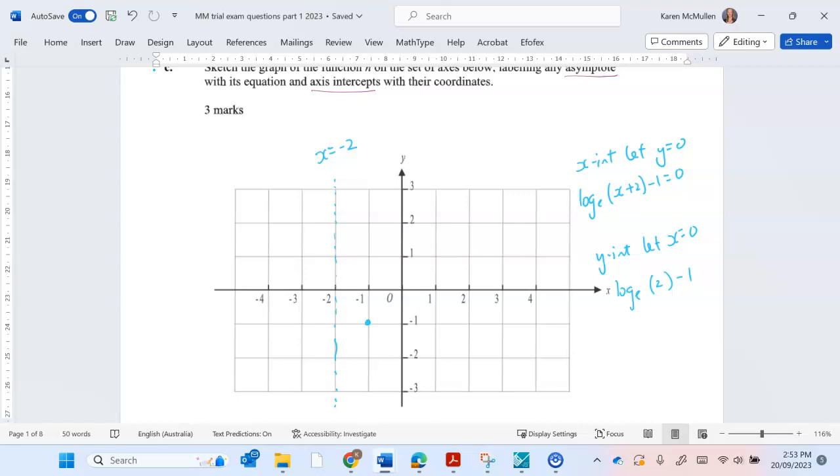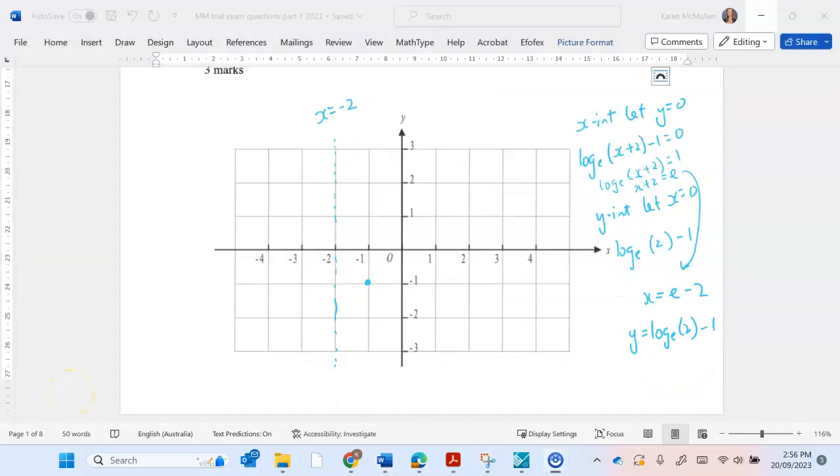I should probably do this. So 1, all right, so x plus 2. Oops, I probably should have written this down here. Let's just go down. So x is at e minus 2, and y is at log base e 2 minus 1.